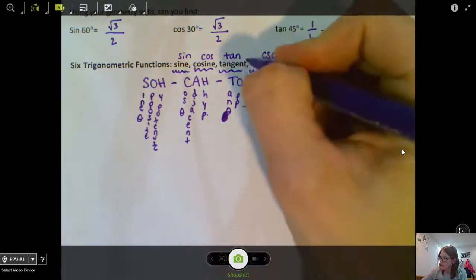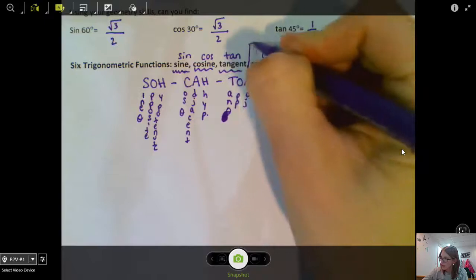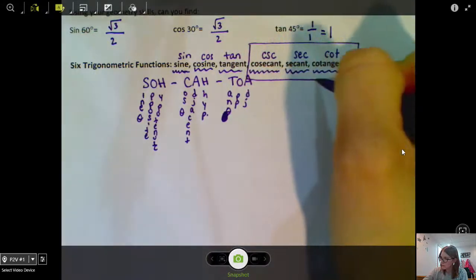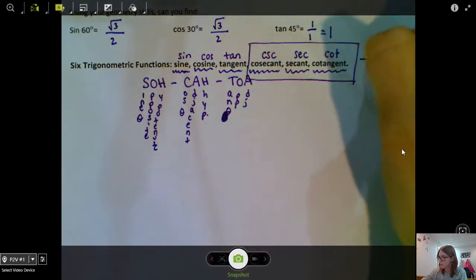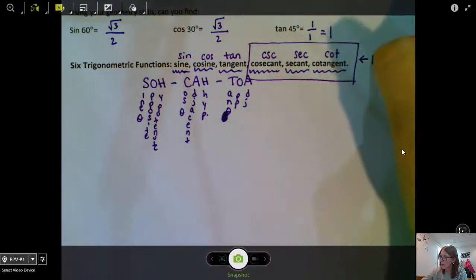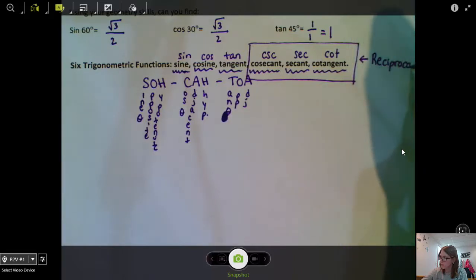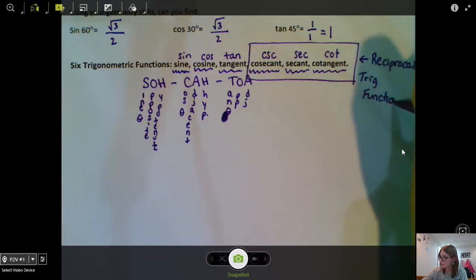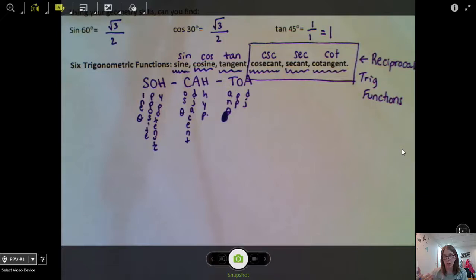These last 3, cosecant, secant, and cotangent, are the reciprocal trig functions. And reciprocal meaning, if you think of a fraction, it's flipped. The reciprocal of 2 is 1/2.